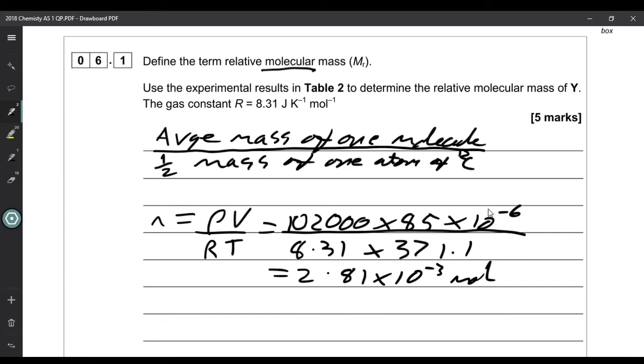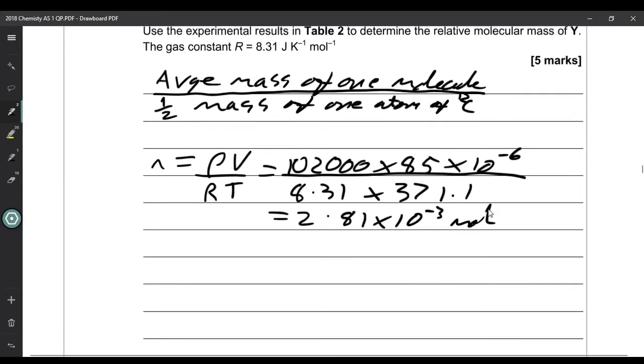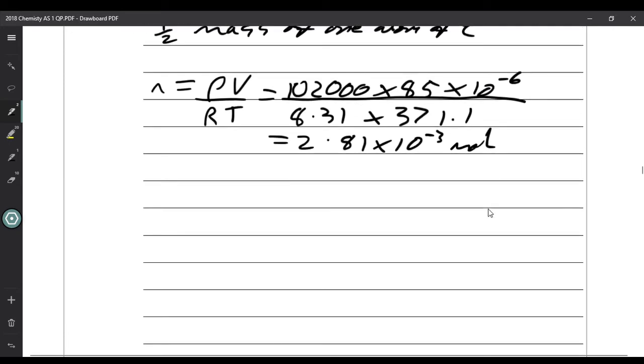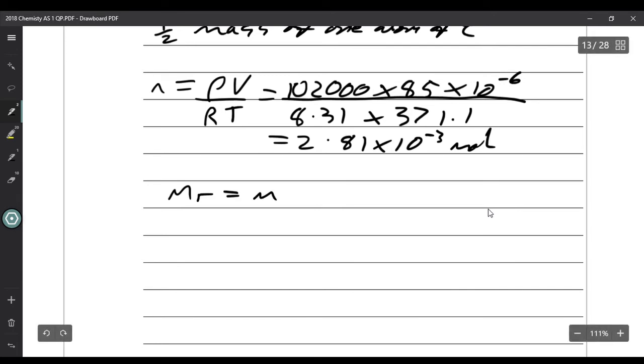So we've been asked to work out the relative molecular mass. We know the number of moles. So MR equals the mass of the liquid that we had divided by the number of moles.